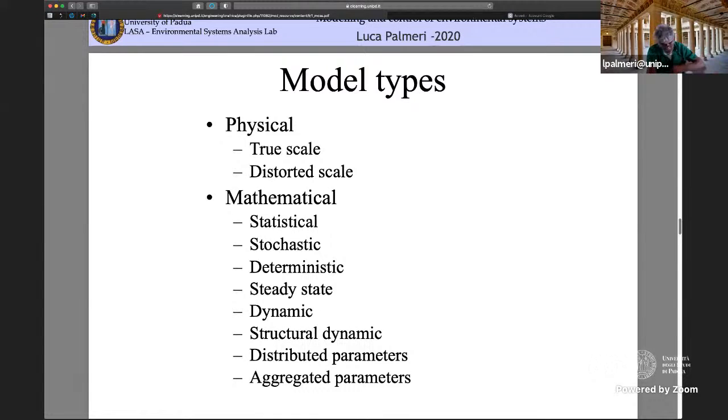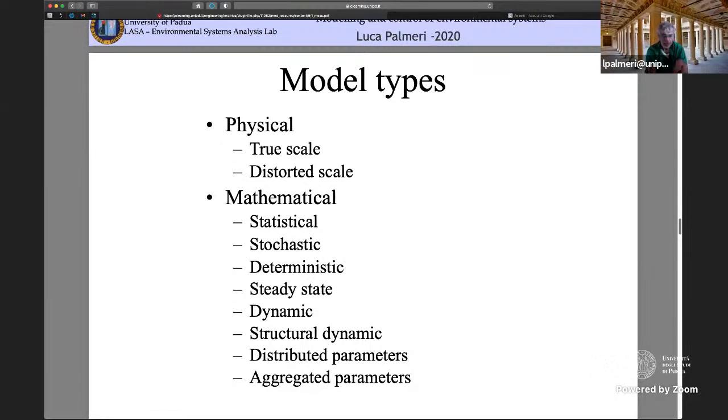Deterministic mathematical models are models for which we have well-defined differential equations that may be solved in some way, analytically or numerically, in which we have a clear connection between input and output. So nothing is left to statistics or to randomness.